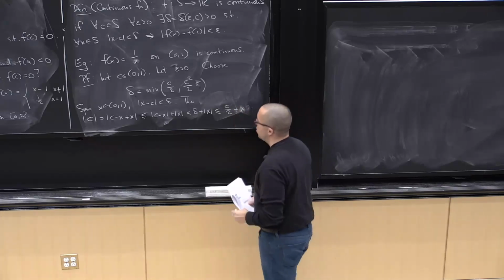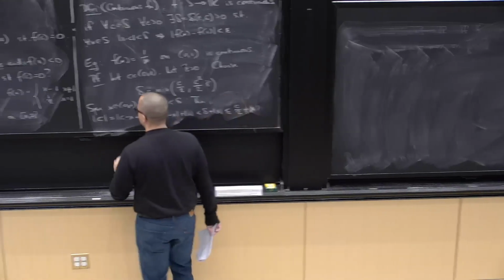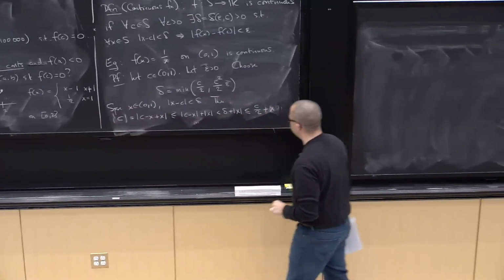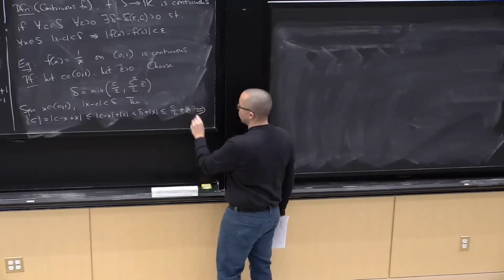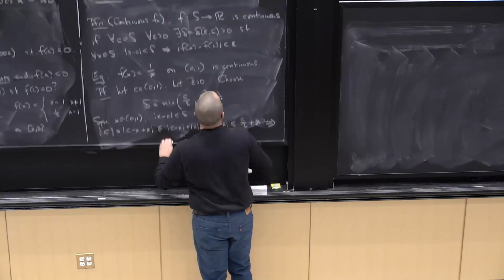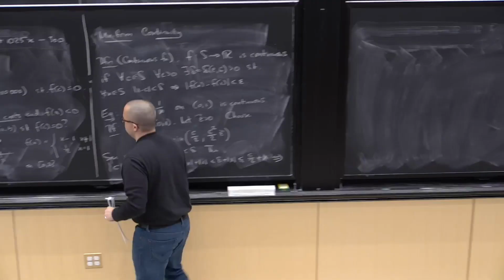And now, c and x, these are in (0, 1), so they're all positive. And therefore, I get that, let's go to the next board.